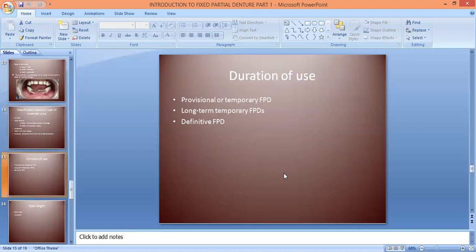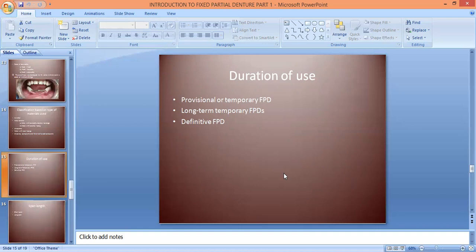Now, duration of use: you have provisional or temporary FPDs, long-term temporary FPDs and definitive FPDs. Provisional or temporary FPDs are usually made of acrylic resin. That is the temporary crown that you give immediately after the preparation of the tooth.